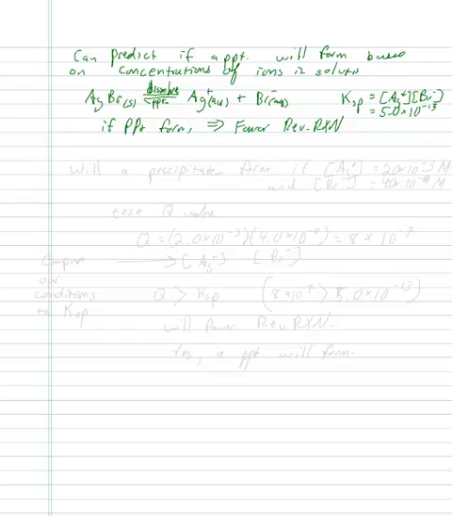We do a test. Let's say, for instance, will a precipitate form if the concentration of Ag plus equals 2.0 times 10 to the negative 3, and the concentration of Br minus is equal to 4.0 times 10 to the negative 4 moles per liter, molarity for both of them.